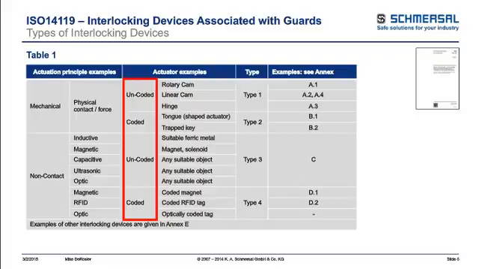Something that's new in the standard is the Type 3 and Type 4 devices, where previously it was really Type 1 and Type 2 with coded magnetic switches. Now that we have a separate section with non-contact, we have Type 3 and Type 4, and we'll show you what those different devices look like.